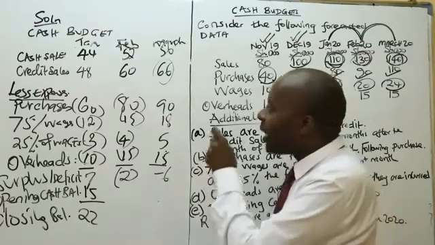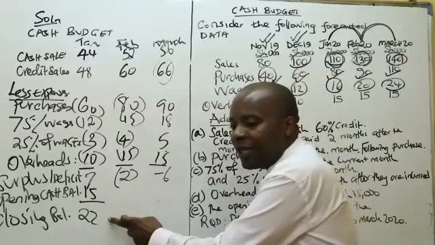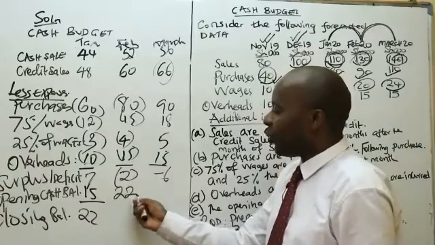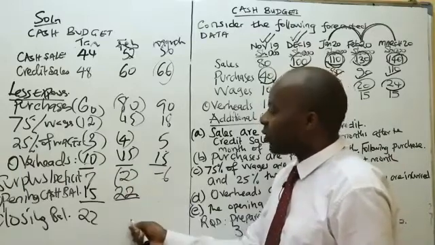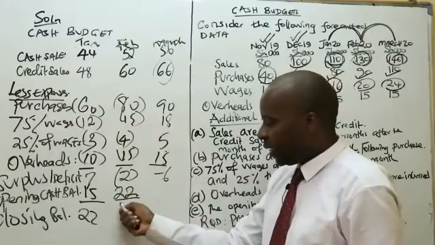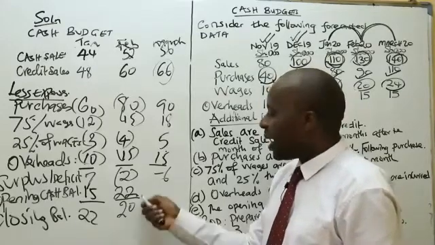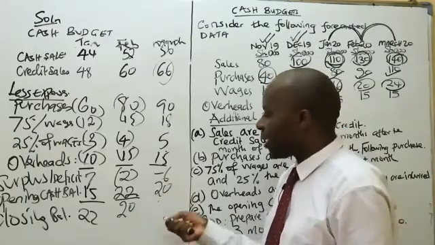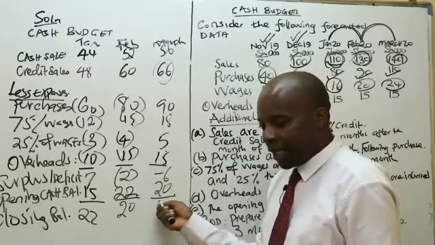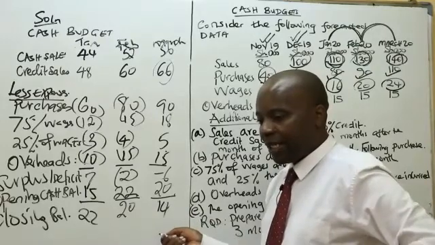The opening balance of February will be the closing balance of January, which gives me 22. So come and give me the closing balance of this month. Somebody? 20. And this 20 now marks the beginning here. So 20 minus 6 plus 20 gives me what figure? This gives me 14.